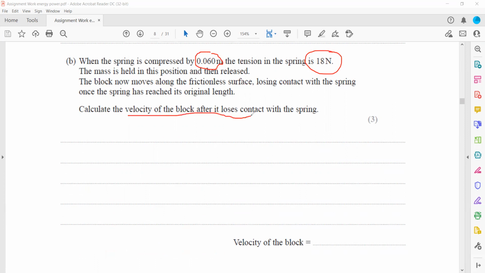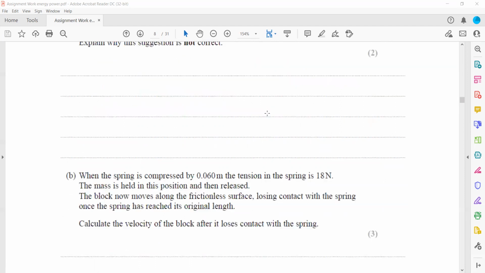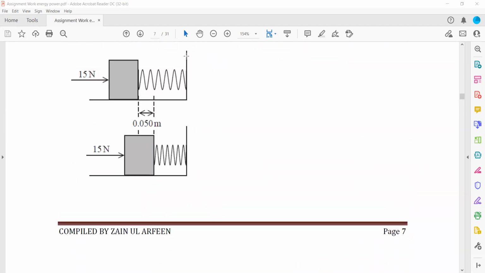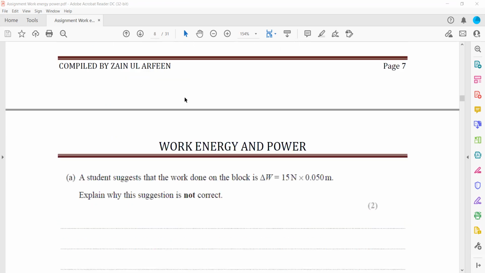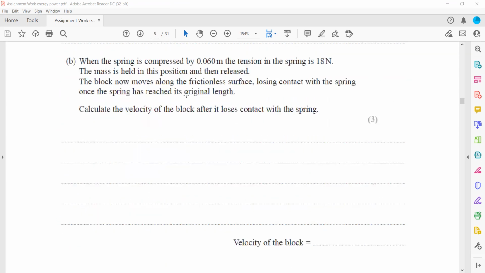Calculate the velocity after it loses contact. Basically, now we are not applying a force, we compress the spring. So when we compress the spring, it will push the block outward and the elastic strain energy is converted into kinetic energy, and using that we can work out the speed.